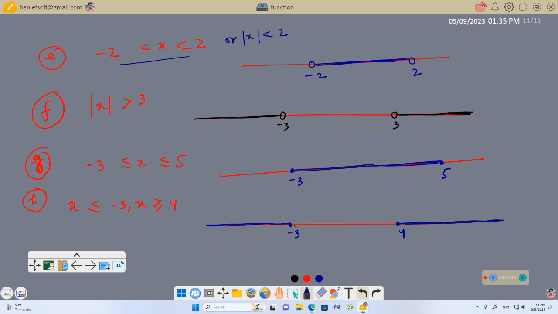So there is no point between minus 3 and 4 which corresponds to range, only this zone including minus 3 and this zone including 4, right? Let us do one more question.